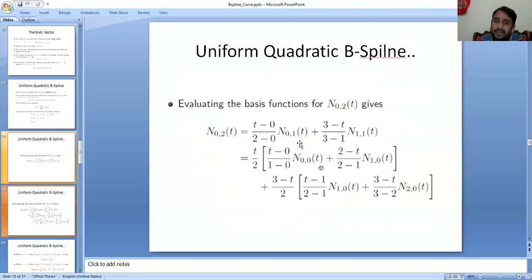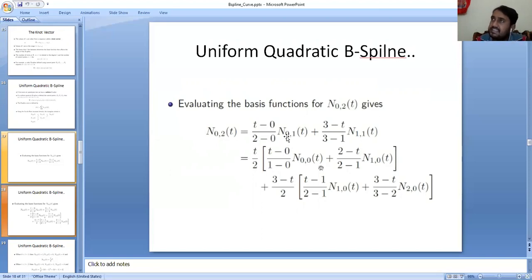So when we expand this, what we'll get here is t by 2, that is t by 2. And when we expand this, i is equal to 0 and j is equal to 1. So (t minus ti), ti is what? i is 0 and j is 1.